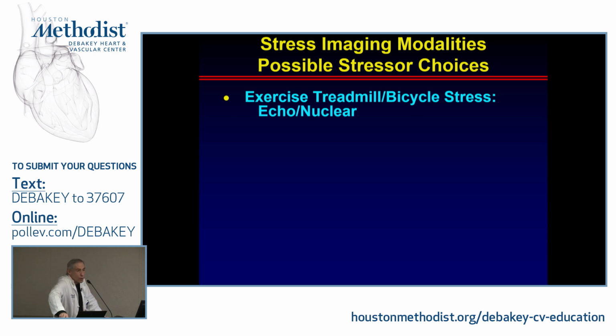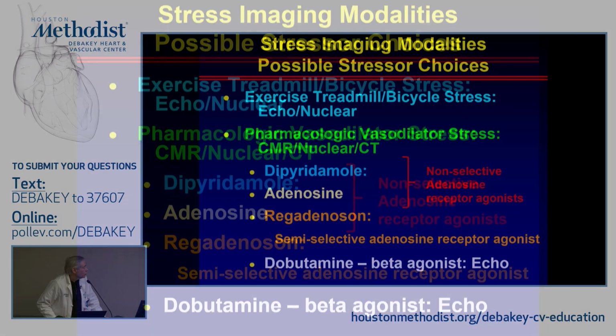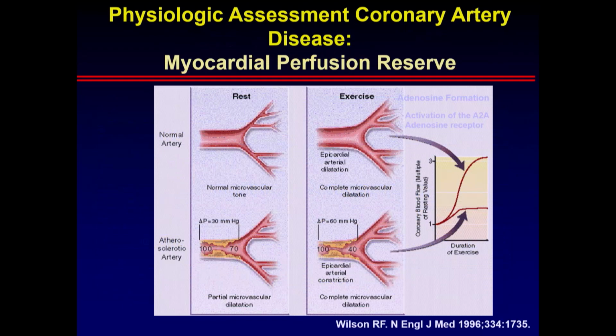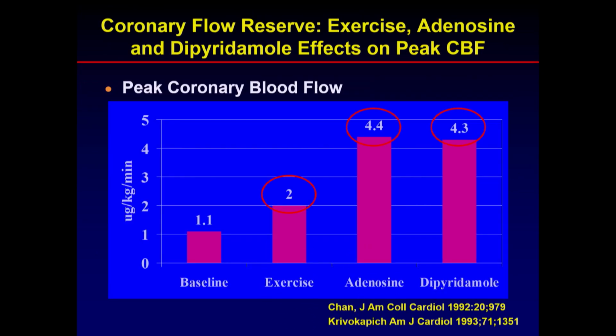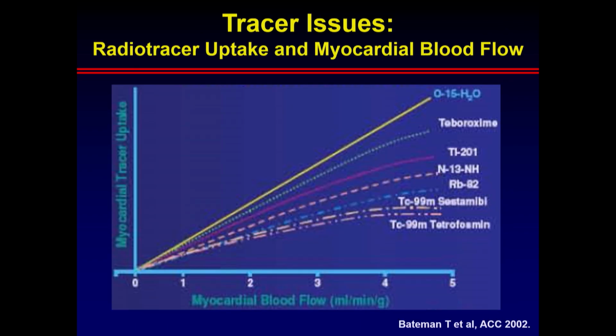Because one thing I want to stress also about all of these agents, beyond just the imaging itself, is that all of these agents have different extraction fractions, and what you really want is an agent that increases extraction according to flow. So, for instance, if you look at this, O15 water has linear extraction across all blood flows.